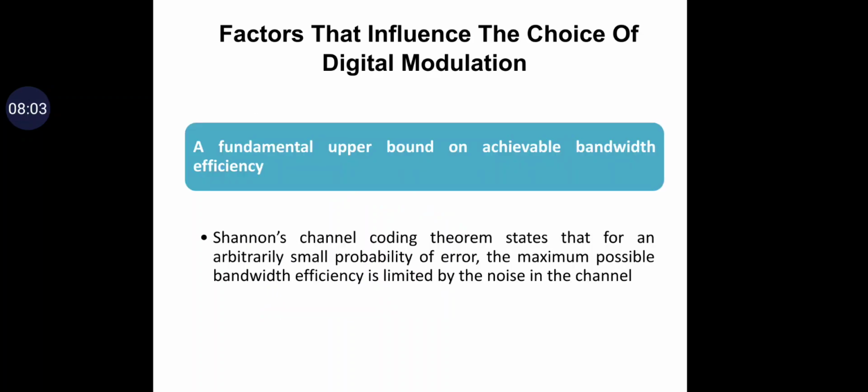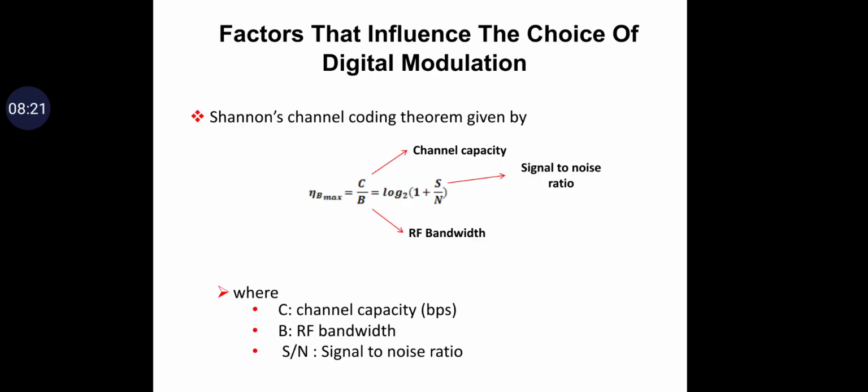So a fundamental upper bound on achievable bandwidth efficiency is given by Shannon's channel coding theorem. Shannon's channel coding theorem states that for a small probability of error, the maximum possible bandwidth efficiency is limited by the noise in the channel. This is the expression for Shannon's channel coding theorem. It is the ratio of channel capacity to RF bandwidth.